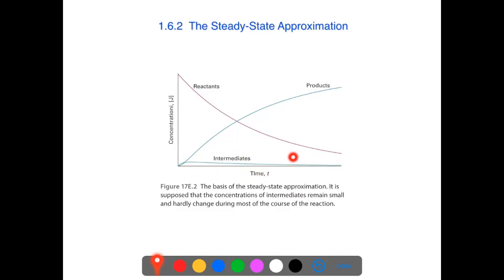You can see that the slope of this curve, if you will, is quite constant during the course of the reaction. And so this is the basis for the steady state approximation, that the concentrations of the intermediates will remain small and that they won't change very much during the course of that reaction.